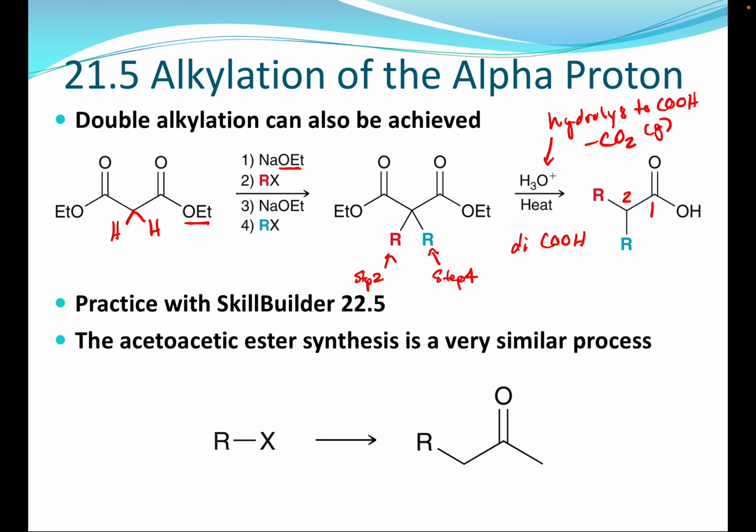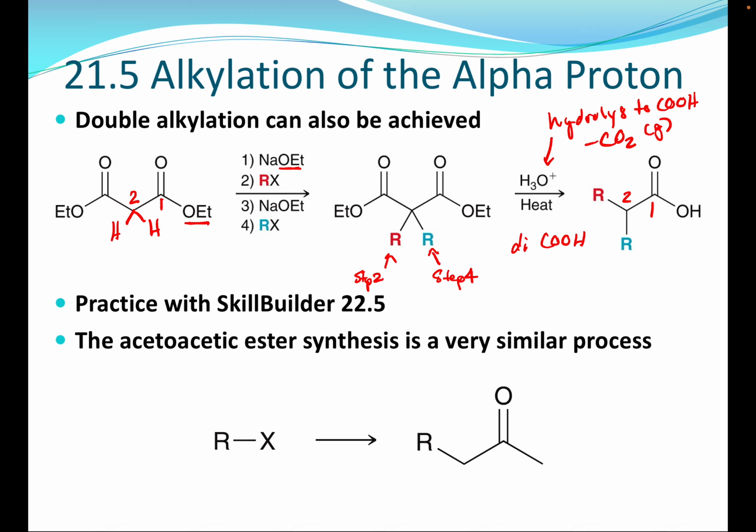From the starting material, I've got my 1 and 2 carbons labeled to illustrate that point, and then our alkyl halide R's are color coordinated with the alkyl halides over the arrow. And again, the only requirement for the alkyl halides would be ideally that they're primary alkyl halides to encourage substitution instead of elimination.